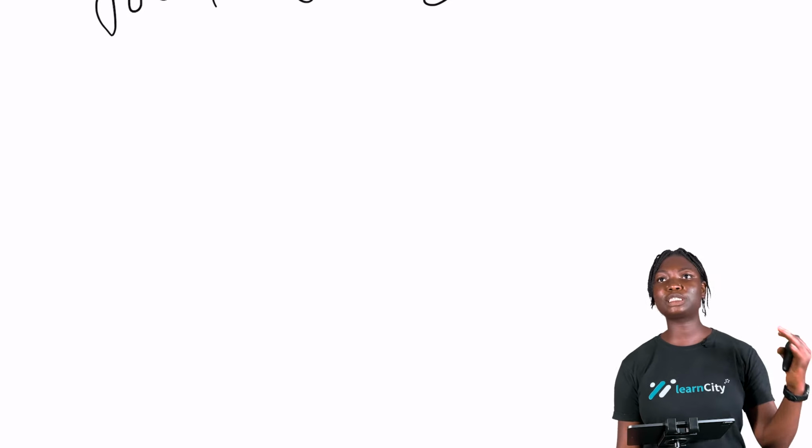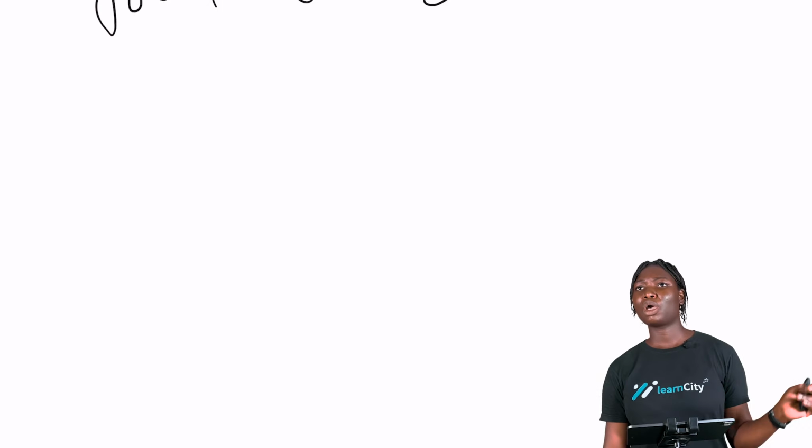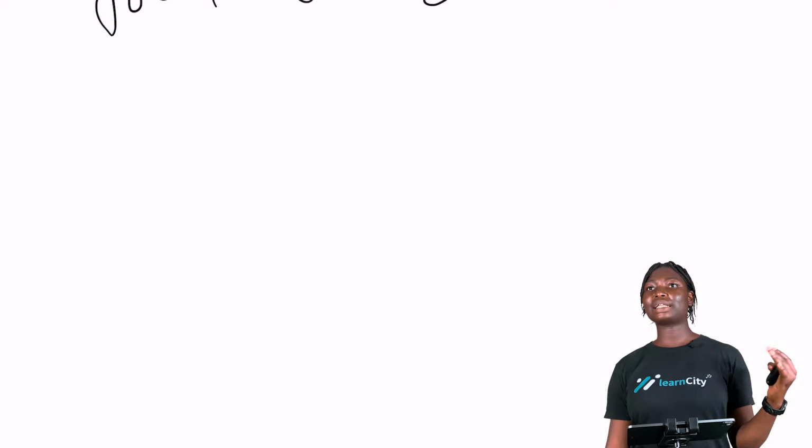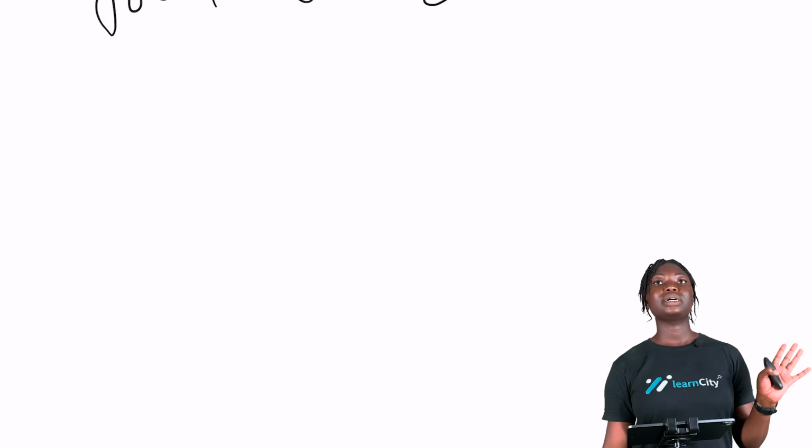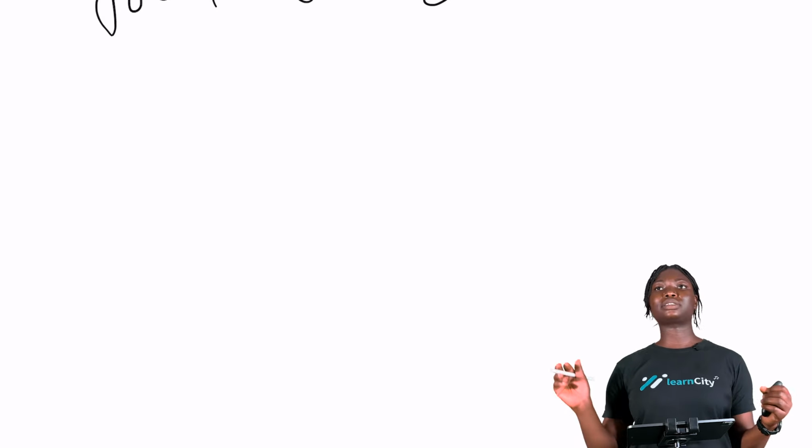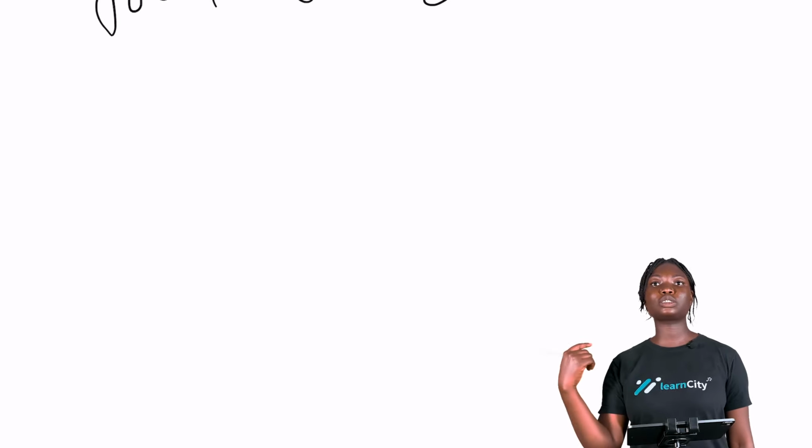But before that, we know that we have speed, we have distance, and we have our time. So the first thing for us to do is to find the distance for the first course and the second course.